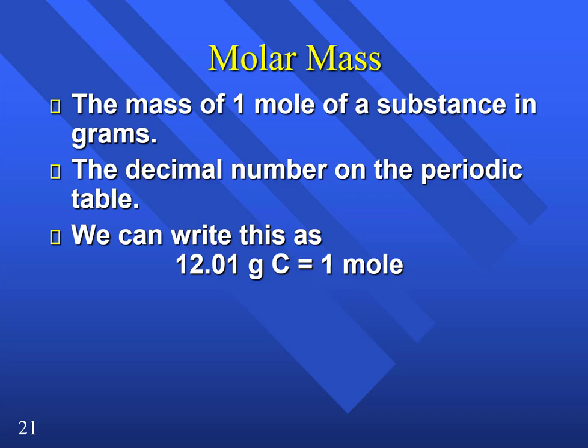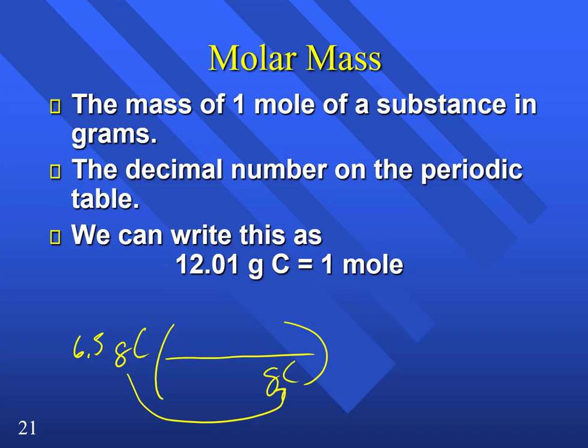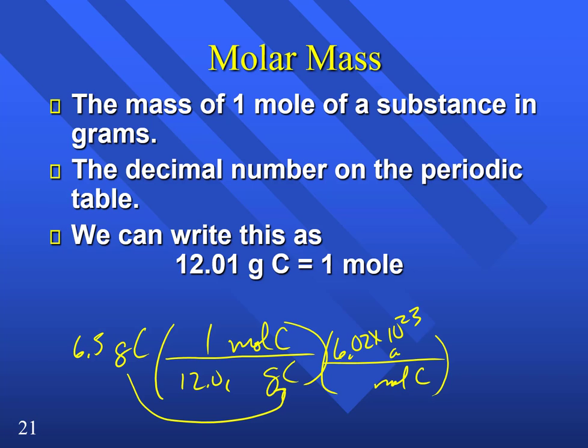And this is what we did with it before. If I had 6.5 grams of carbon, this is what we did before. We said I want to get rid of grams of carbon, so it goes on the bottom. Change those grams to moles of carbon. 1 mole is 12.01 grams. And then we said, but a mole is 6.02 times 10 to the 23rd pieces. Grams cancel, moles cancel, I'm left with atoms.